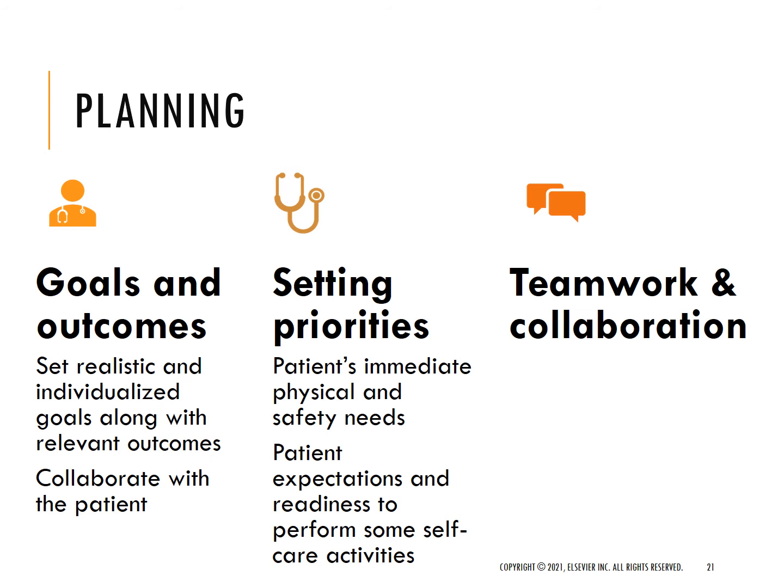Goals are broad, and a goal is just going to give a broad statement about what you want to see happen for the patient. And then we develop outcomes. The outcomes are going to be more specific than the goal. So we start with the goal and fine tune it. We're going to make it more specific.